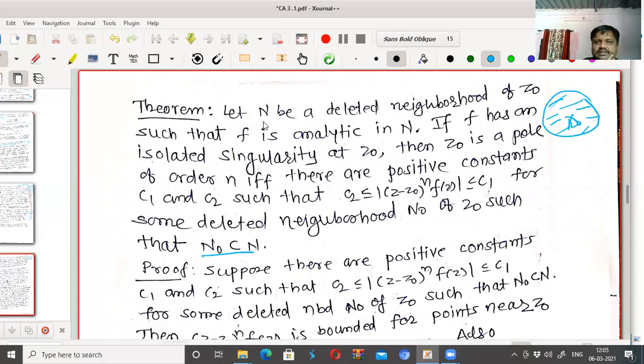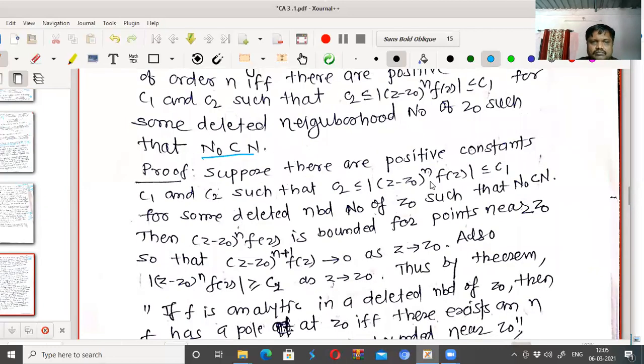What is this result? Suppose that n is a deleted neighborhood of z0 in which f is analytic. If f has an isolated singularity at z0, then z0 is a pole of order n if and only if this condition is satisfied.